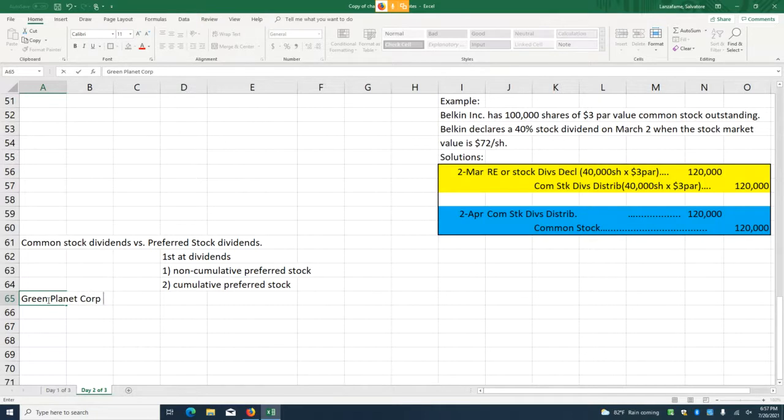So Green Planet Corp has 5,000 shares of non-cumulative, so the crappier type, 10% preferred stock with a $2 par and 17,000 shares of common stock.